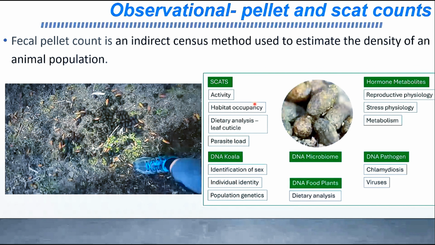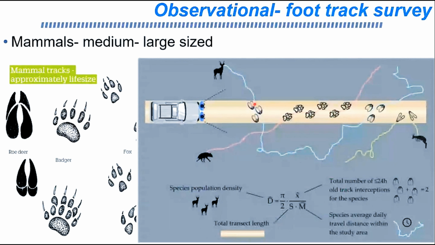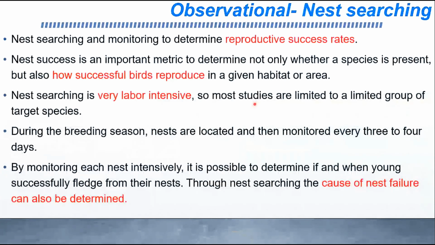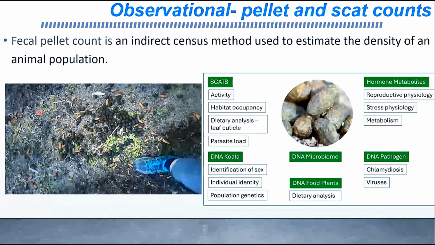Now, so this was all the direct way. Here you are directly looking at the biodiversity. Now as we move forward, this becomes the indirect way of understanding biodiversity. You go out into the forest and look for pellets and scat.